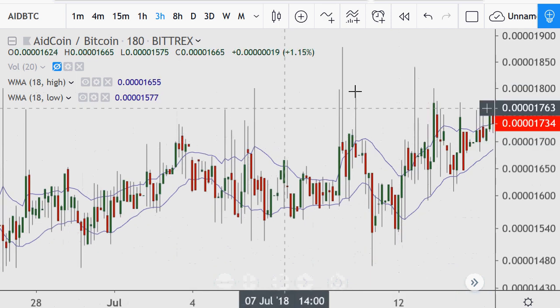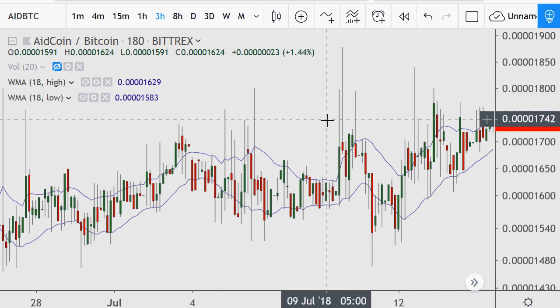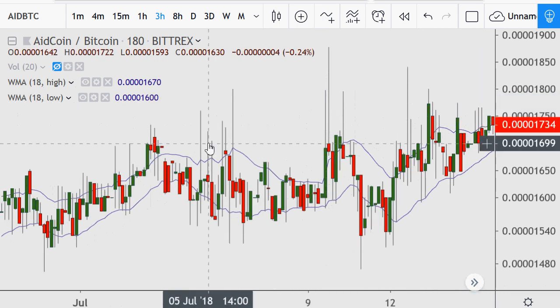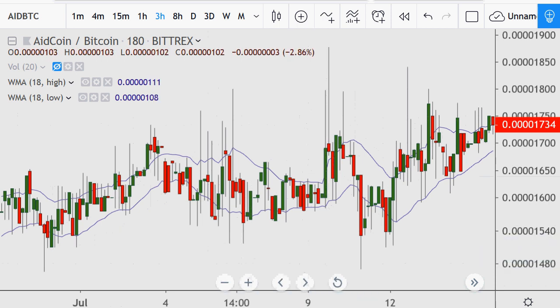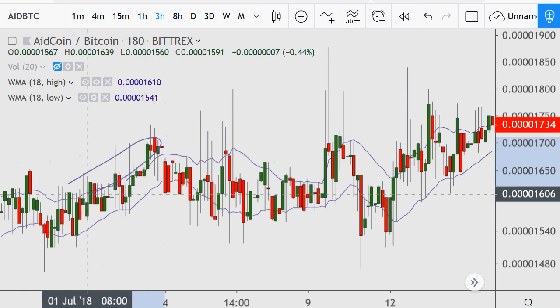The only way you're taking advantage of these moves, and this is another strategy, is taking advantage of the small moves. And you can see in here that every single time, where would your buys have been? All of your sells can only be in here.